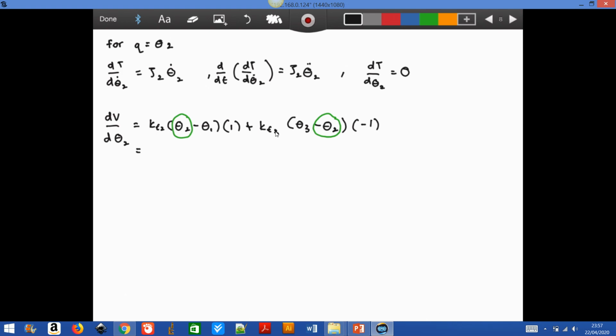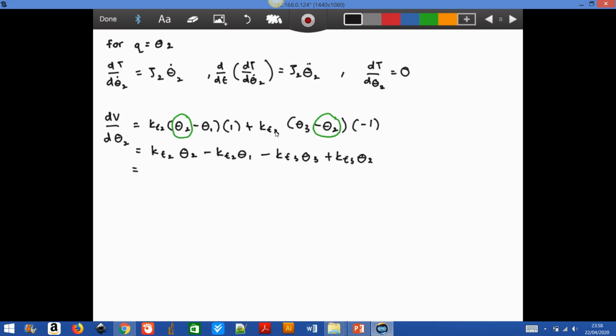So kt2 theta 2 minus kt2 theta 1 minus kt3 theta 3 plus kt3 theta 2.